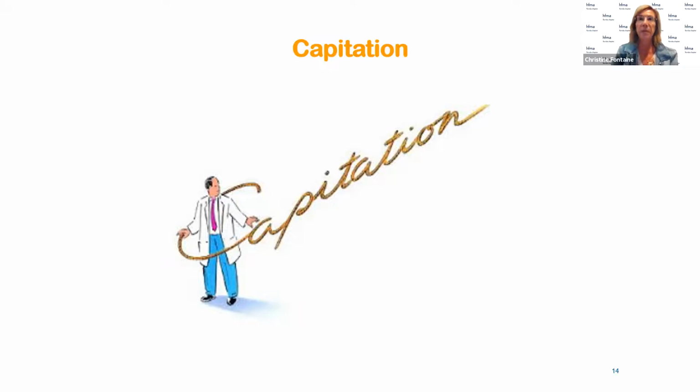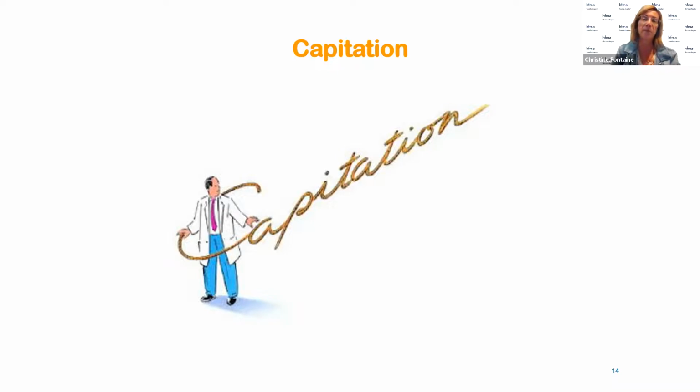A capitation payment amount is normally expressed as a PMPM. Capitation is most common in relationships between primary care physicians and managed care plans, such as health maintenance organizations, or HMOs. However, capitation is also used for services from specialty physicians in some facilities.